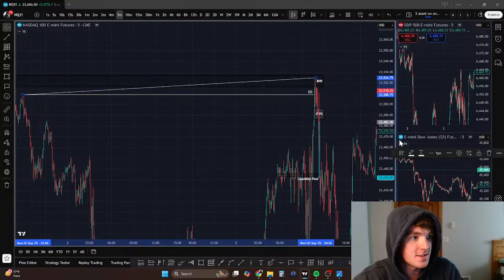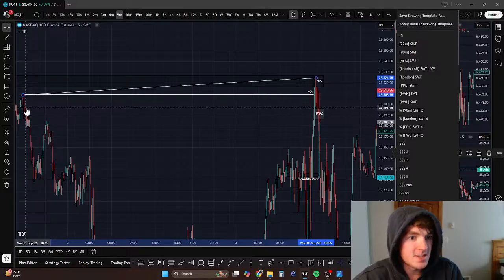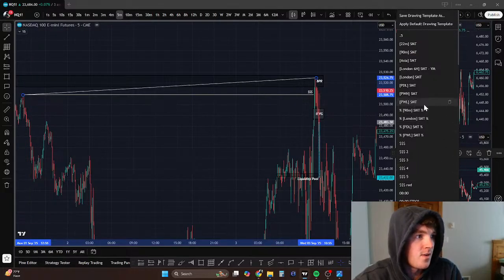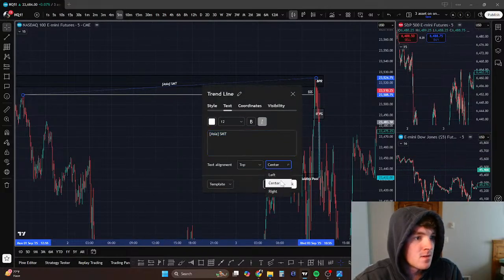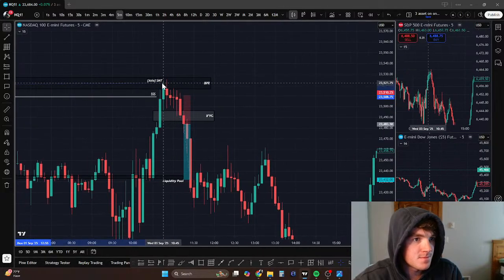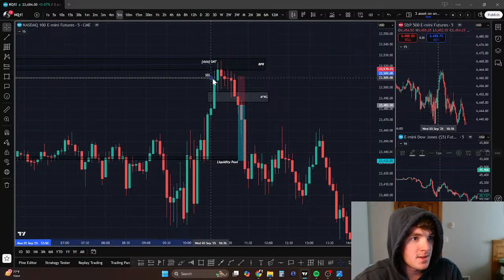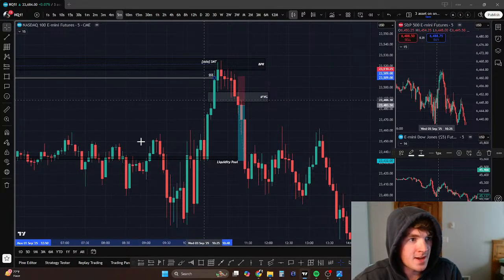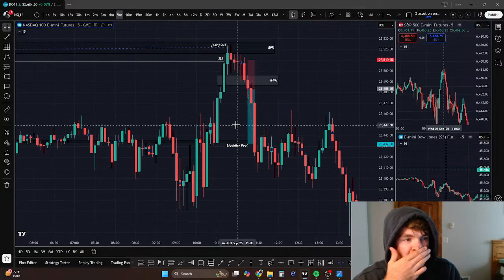SMT with Asia high, liquidity sweep, and then we also have SMT with YM with that high. But yeah, this is a very simple trade, and Sotep took this.